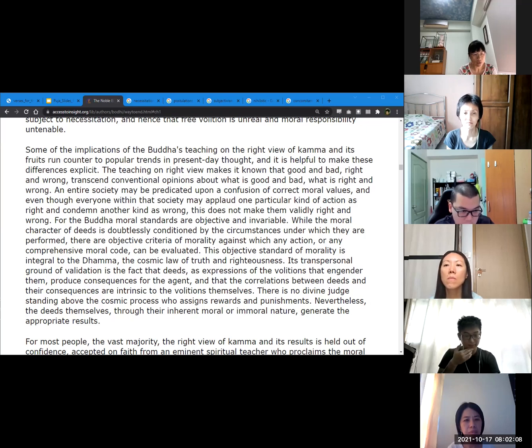Its transpersonal ground of validation is the fact that deeds as expressions of the volitions that engender them produce consequences for the agent, and the correlations between deeds and their consequences are intrinsic to the volitions themselves. There is no divine judge standing above the cosmic process who assigns rewards and punishments. Nevertheless, the deeds themselves, through their inherent moral or immoral nature, generate the appropriate results.